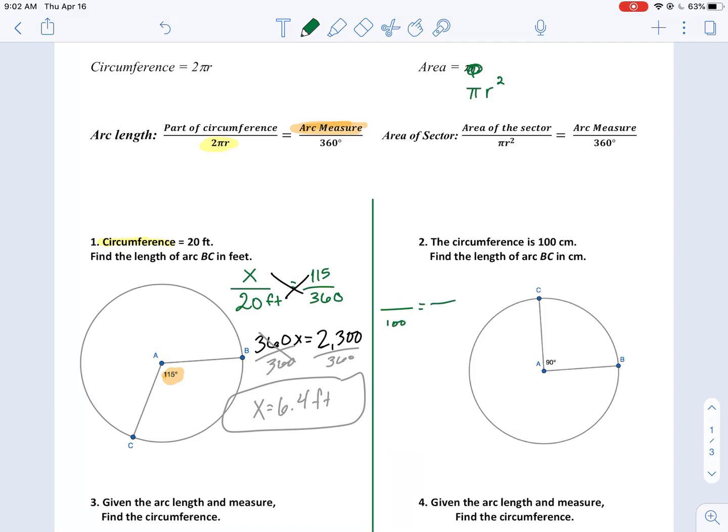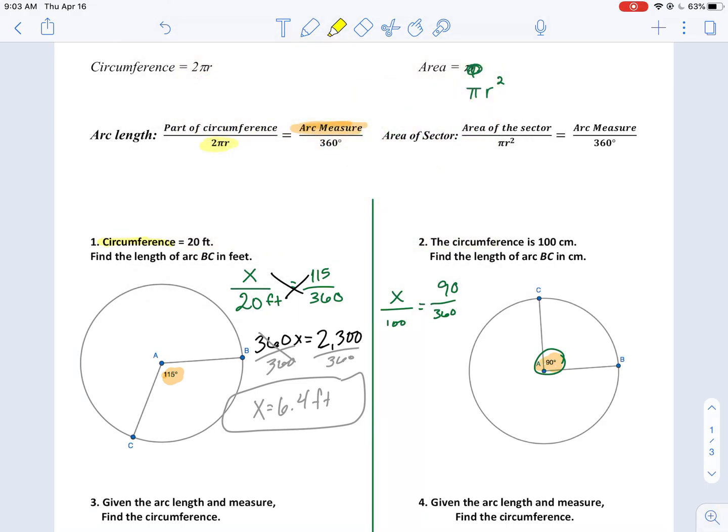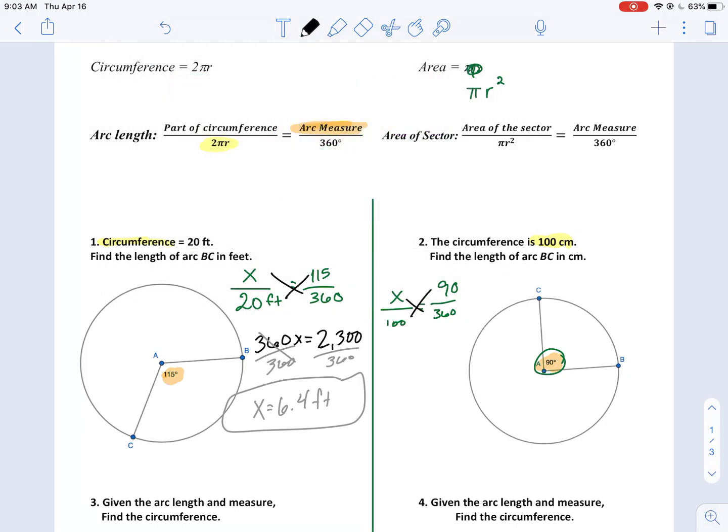Okay, now let's check out number 2. Same thing, circumference is 100. So circumference is 100. This is always 360. I want to find the arc length, and I'm given 90. So I'm given 90. And I'm given the circumference is 100.